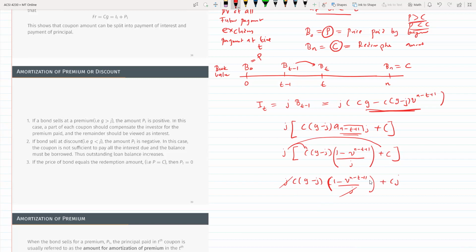So what do you get? I would get C times (g minus j) minus C times (g minus j) v to the N minus T plus 1, plus Cj. So you can see that's this one. If I expand, I would have Cg minus Cj. This cancels out, and I would get this nice formula once you take j as a common factor.